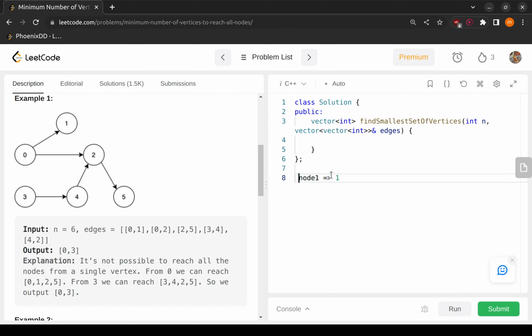Let's try to revisit what I'm saying. Let's say if there is a node with in degree of 1, it might be possible that there would be a node 2, and it will be connected to node 1 somehow, right? And the degree of this node 2 will be, let's say again, 1.